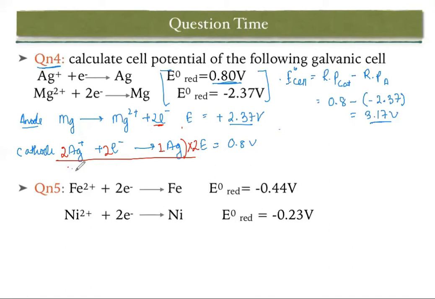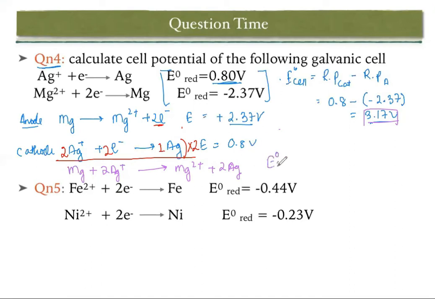If we add these two reactions, we get Mg plus 2Ag plus gives Mg2 plus plus 2Ag. Now what is the potential calculated? As we already calculated the rough value, now we have to just add these two values. Now this is your oxidation potential. Okay, so add these two values.